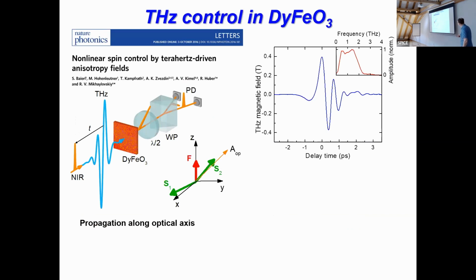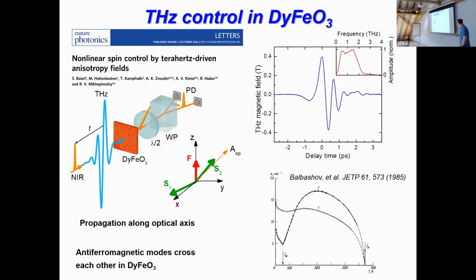And we looked at the material called dysprosium orthoferrite. It's a similar antiferromagnet, which has two antiferromagnetic resonance modes. And importantly, there exists a temperature at which the frequencies of these modes become equal to each other.